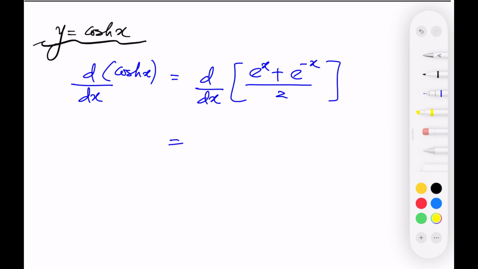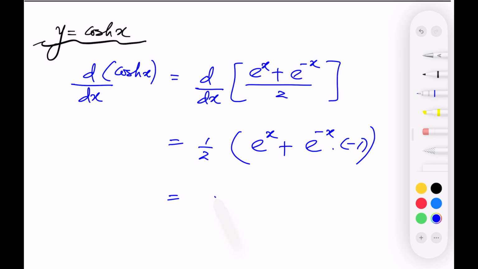Once again, the 2 in the denominator is a constant, which I will factor out as a 1/2, and then I simply have to differentiate the numerator. If I differentiate e to the x, it's going to be e to the x. Then I have plus e to the negative x times a negative 1. This is equal to e to the x minus e to the negative x, all of that's divided by 2.